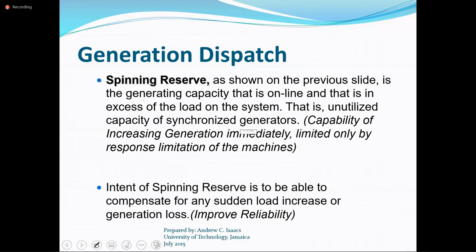I put in a caveat, however, because there are some customers who need to communicate with the utility when they are going to start up their facilities.